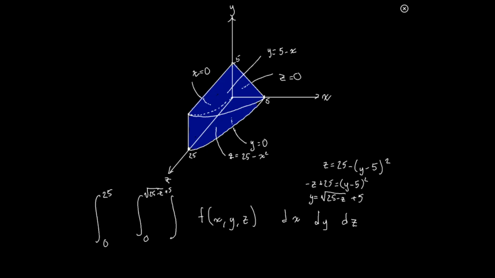So x goes from this whole area right here over to this right here. So this would be x from 0 to this in terms of x, which we already solved for previously, which comes out to be square root of 25 minus z.